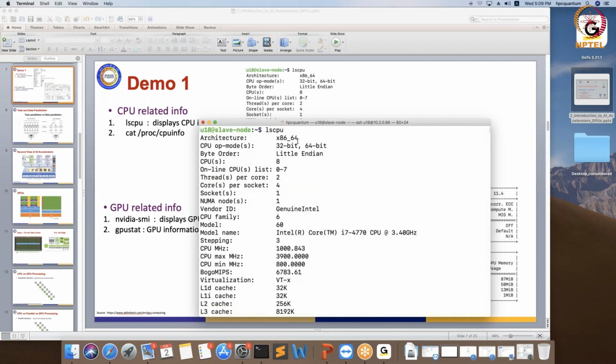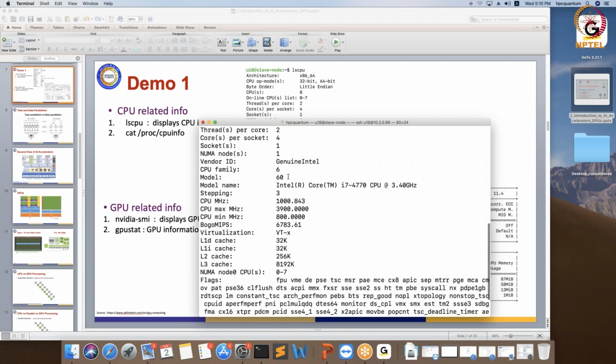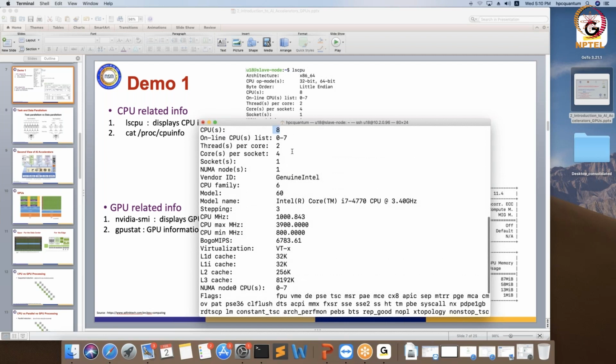If you see this lscpu output, the architecture is shown. We have what operational modes this CPU can work in, what type of endianness there is, how many CPU cores there are, what the megahertz speed of the CPU is, what the maximum and minimum speeds are, and the model, and how many threads per core, so the hyper-threading concept is there, and how many cores per socket.